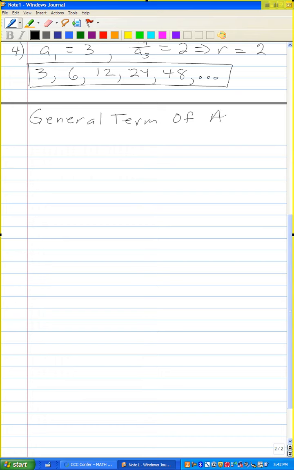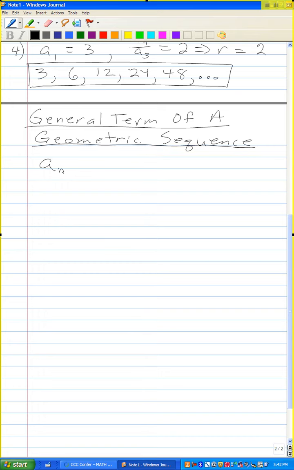The general term of a geometric sequence is a sub n is equal to a1 r to the n minus 1, with the same sort of stipulations about a1 and r.